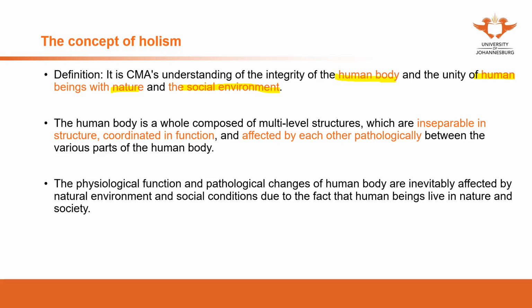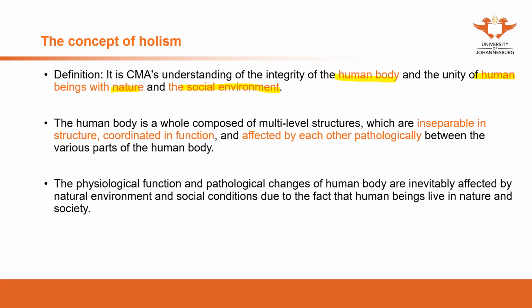Your heart and your lung work together. The lung won't function well without the heart, as they are coordinated in function and affected by each other physiologically and pathologically. In a pathological condition, in a sick condition, they're going to affect each other.